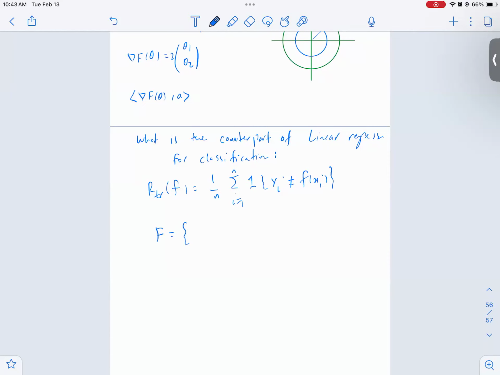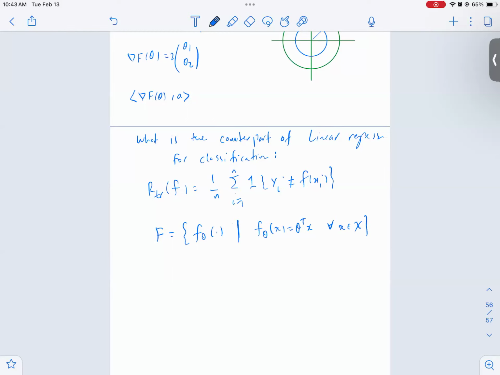I can naively assume that I'm going to look at all the f thetas of the form f theta equal theta transpose x. So this immediately causes some issues for some theta.